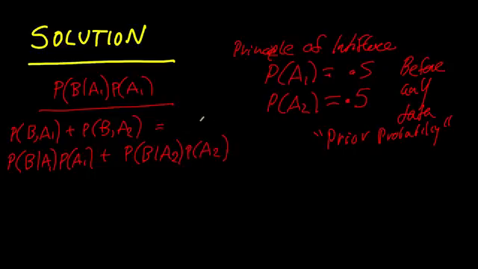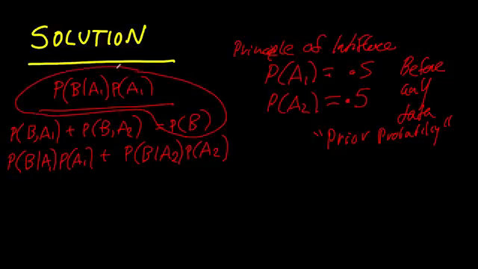So all of this is equal to probability of B. Okay, so you see this is Bayes' theorem for A1, and we can also solve for A2, but because they are only two possibilities, they're going to sum to 1. So if we solve for one, we've also solved for the other.